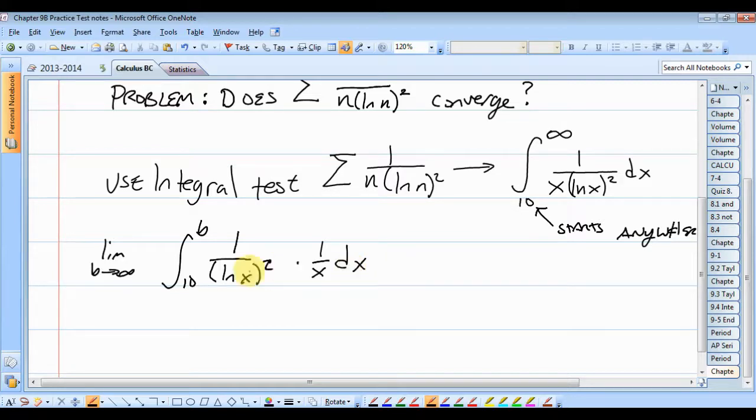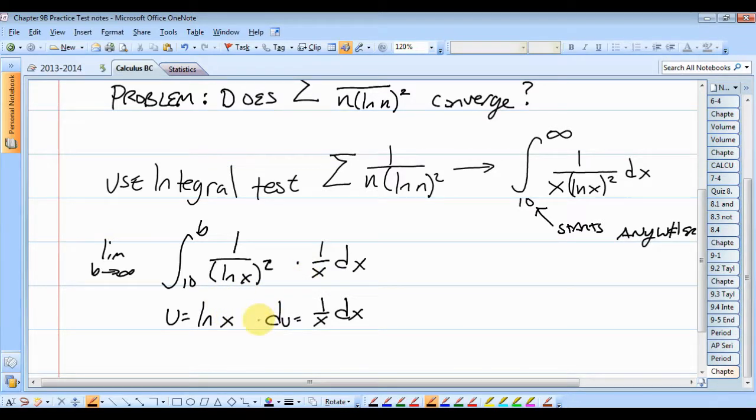What's the derivative of natural log of x? U substitution. Does everyone see that? Okay, so u equals natural log of x, du is equal to 1 over x dx. Look how clever that is. I wrote that so you can see precisely where to put the du.